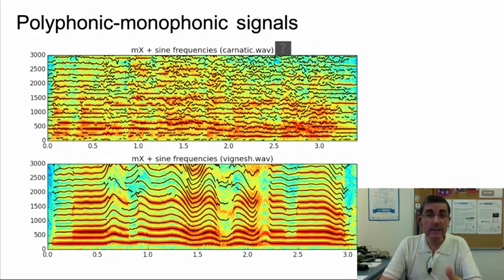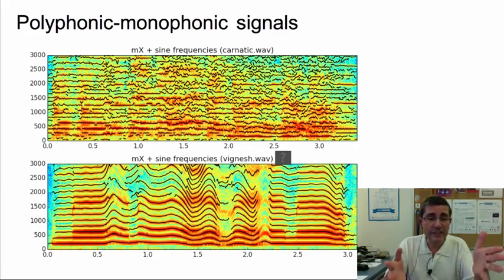A monophonic signal includes just one single source, like the one below, which is just a single voice that we already heard, so it's Vignesh. He is in fact the same singer as the voice above, but clearly here we can see the time-varying harmonics much more easily, and these sinusoidal tracks that we have identified show very clearly the harmonics of the voice.